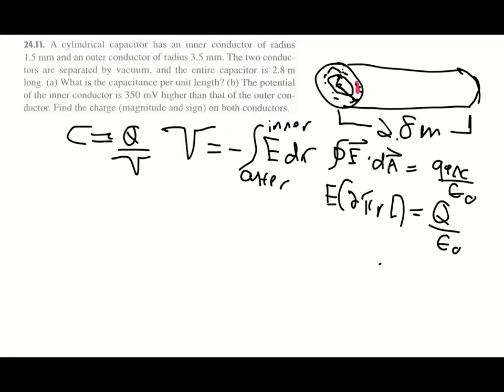That makes E equal to Q over 2 pi r L epsilon naught. And you kind of expect that as you go further away from that plate, it's going to get bigger and bigger. That's all I've got on the inside.